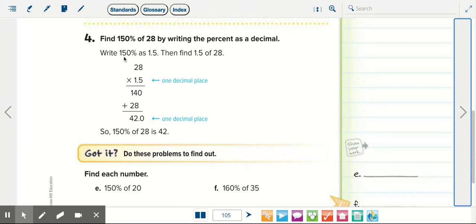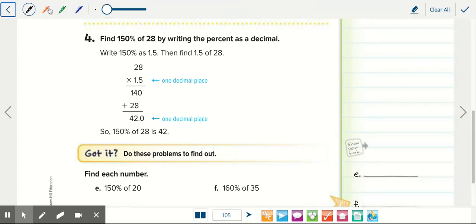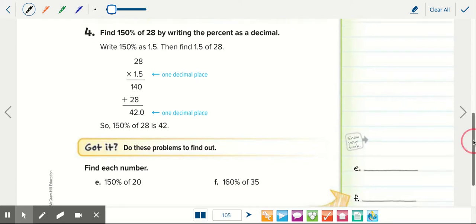So they made 50% into a decimal, and then they multiply. They got a number that was bigger than 28. Does that seem normal? Yeah, that's totally normal because we have 100% plus 50 more percent. So if we have over 100%, it might be over the number.